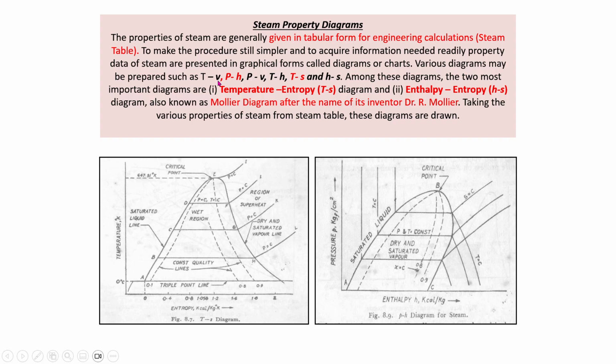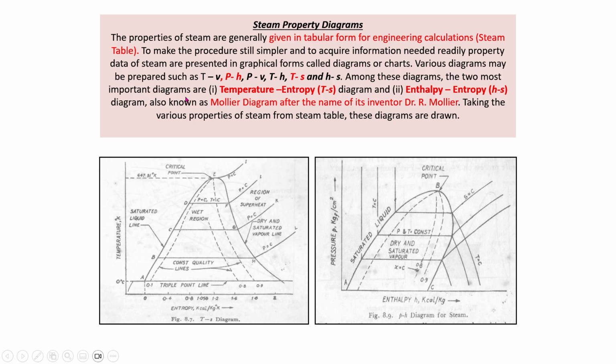It can be temperature versus specific volume, pressure versus enthalpy, pressure versus specific volume, temperature versus enthalpy, temperature versus entropy, and enthalpy versus entropy. These are the different types of graphs that can be plotted for steam.